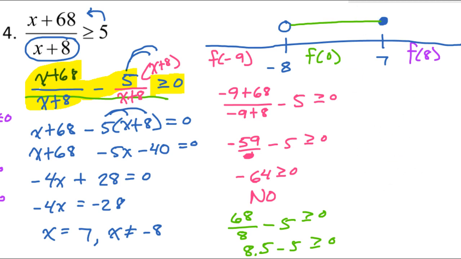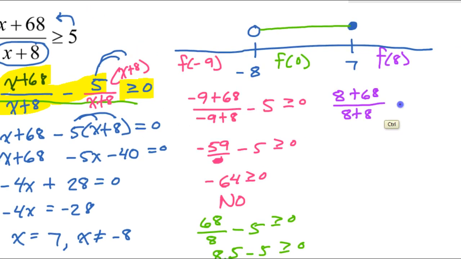All right, now I just need to check 8. So that's going to be 8 plus 68 over 8 plus 8 minus 5. And is that greater than or equal to 0? Okay, so this is going to be 76 over 16 minus 5.